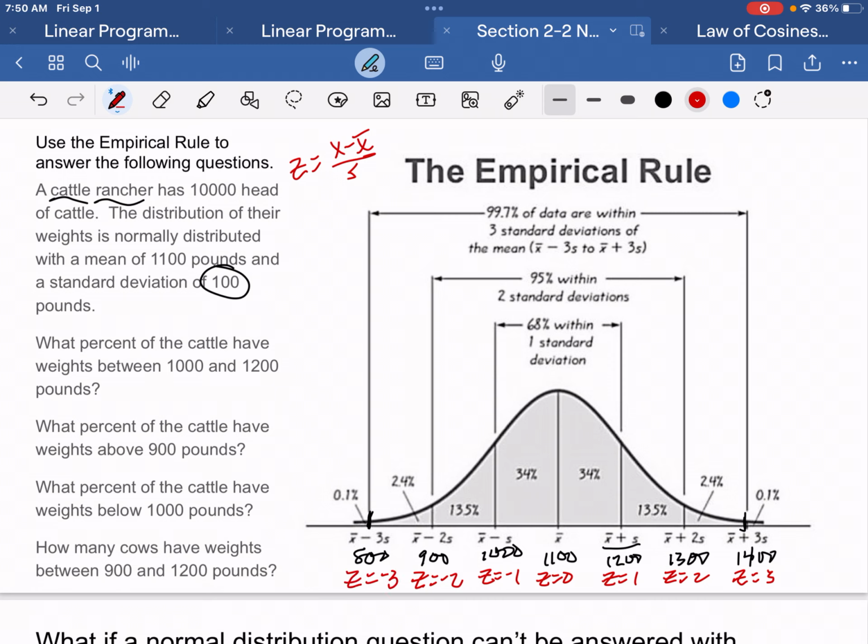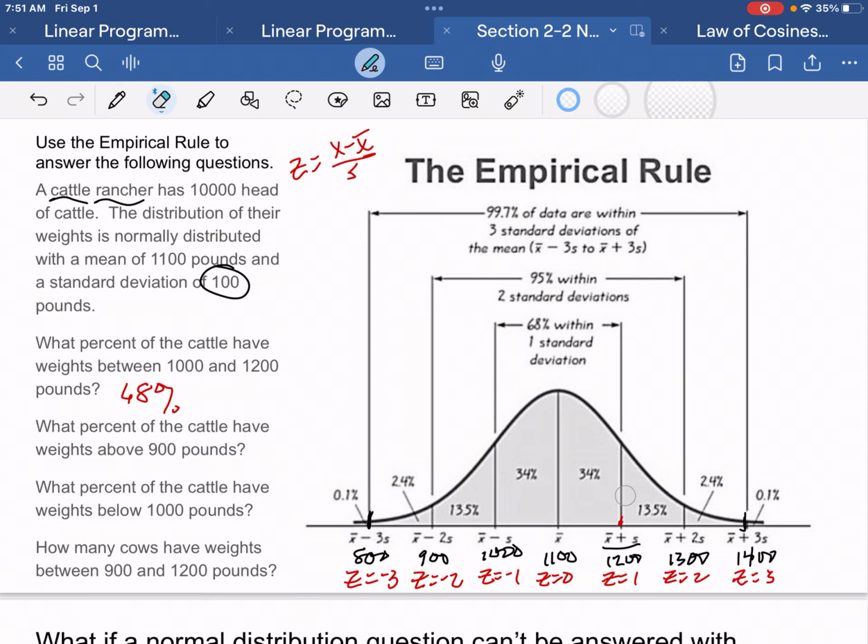Now, questions that you then answer. What percent of the cattle have weights between 1,000 and 1,200? We add the percentages up between the lines. So that's 68%. What percent of the cattle have weights above 900?